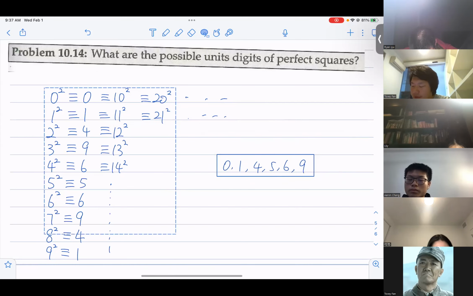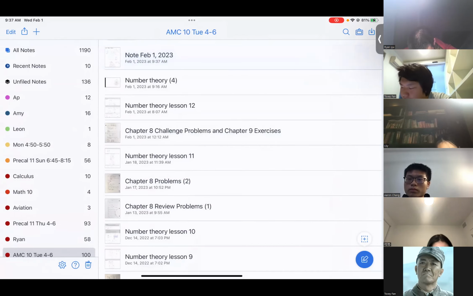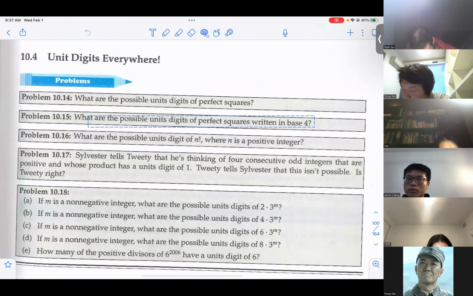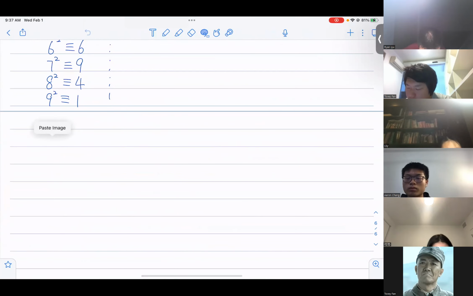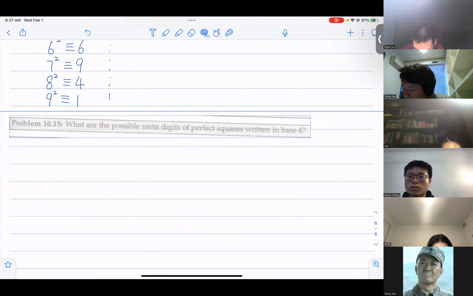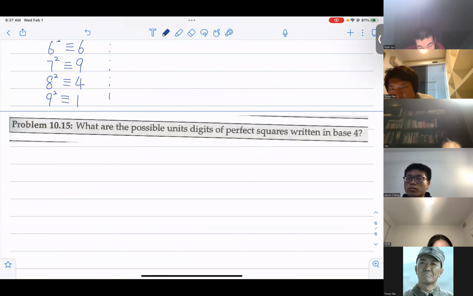Only these are possible. Okay, so for this you don't have to take a note because you can always investigate this by yourself, right? It's very, very easy. The special fact is not here. It's actually the next one. So let's see. Here. What are the possible unit digits of perfect squares written in base 4?